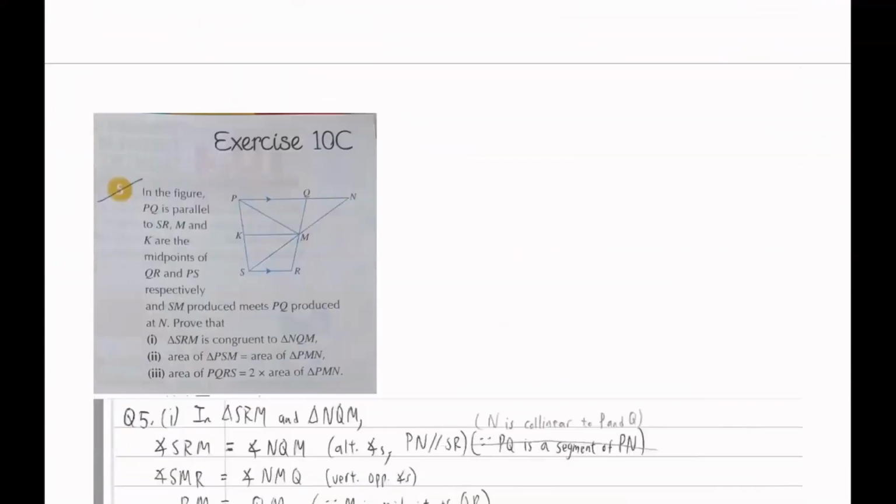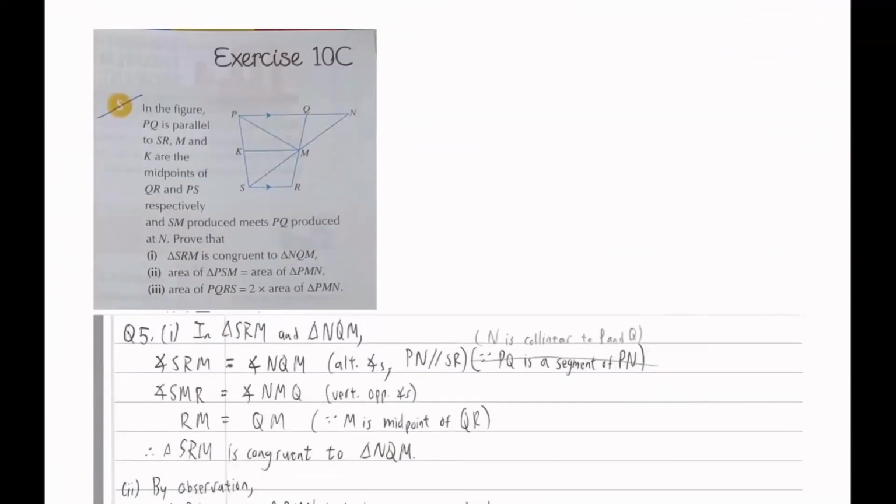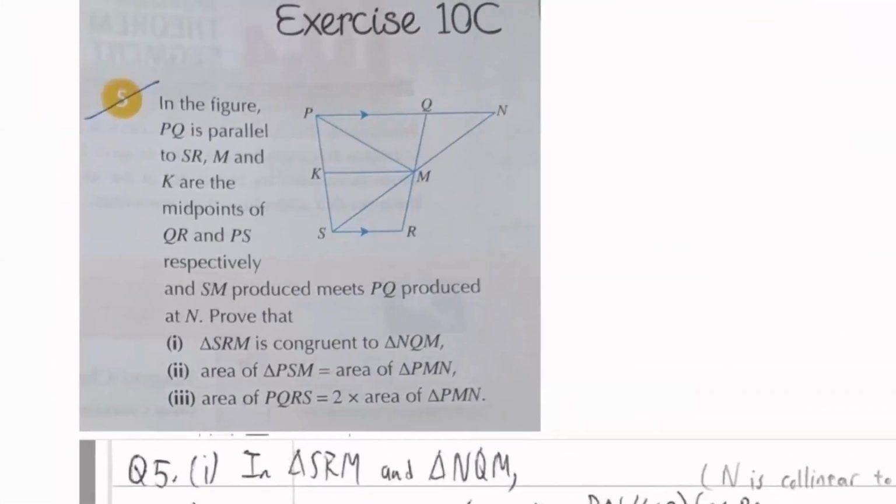Okay, move on. Next, exercise 10C, question 5. Let's see. Now you have a figure. PQ is parallel to SR. M and K are the midpoints of QR and PS respectively. Wow, finally you have 2 midpoints. Conclusion immediately. Actually, before that, I'll keep that at the back of your mind. Let's continue reading the question first.